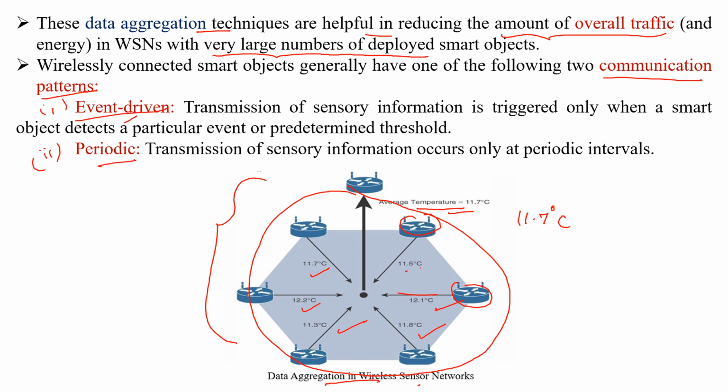The name itself gives you the meaning, right? Event-driven, only at a particular time. Let us see. In event-driven, transmission of sensory information is triggered only when a smart object detects a particular event or predetermined threshold. Whereas periodic means transmission of sensory information occurs only at periodic intervals.